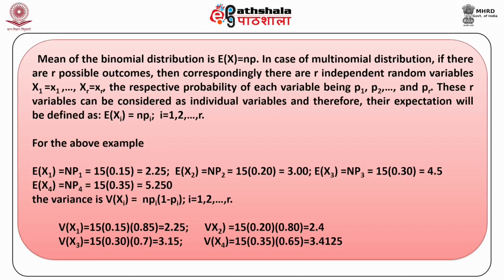Now similarly, we can also find out the variance. Variance of Xi, as we had defined earlier, is equal to npi into 1 minus pi, or npq, where i is equal to 1 to r. So what will be the variance?